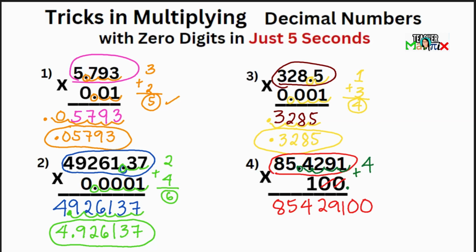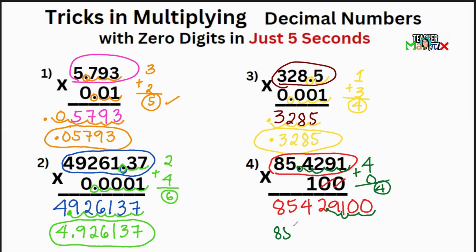Pero hindi man yan counted kasi whole number talaga to. Hindi yan decimal number. So, meaning, 0. Okay, 0. So, 4 plus 0, we have 4. Meaning, mag-move tayo 4 times from the right. 1, 2, 3, 4.